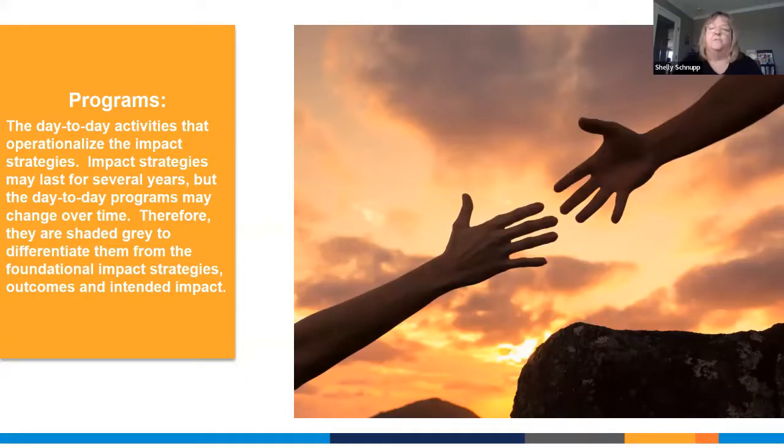Finally, we come to programs. And we think about programs, services, and organizational activities, sort of the day-to-day activities of the organization, what the organization does and produces. Programs and how they are delivered are driven by the strategies for impact that we saw a moment ago. At the same time, they are how we deliver on the strategies.